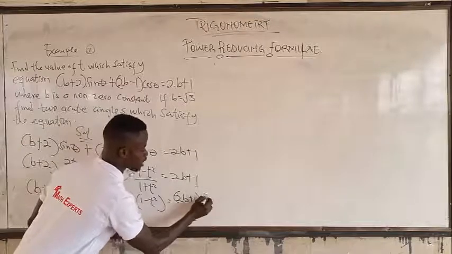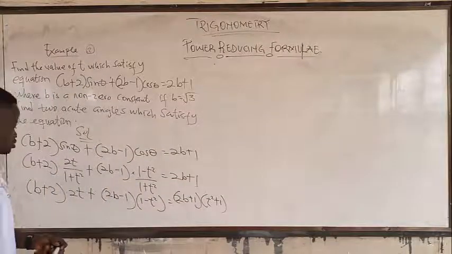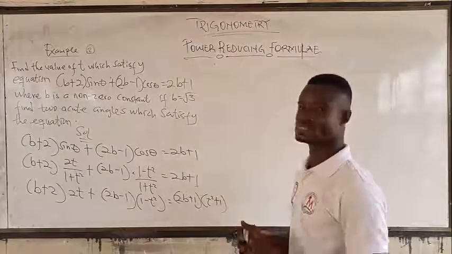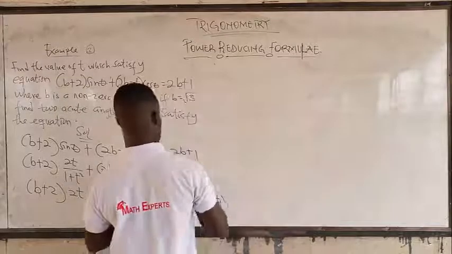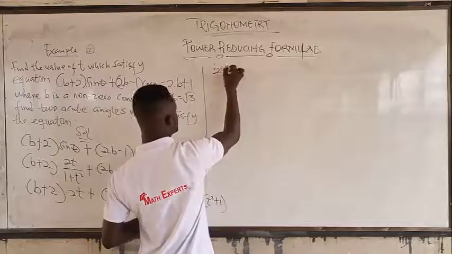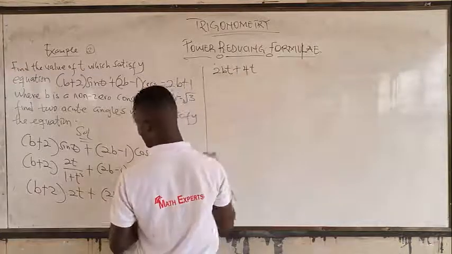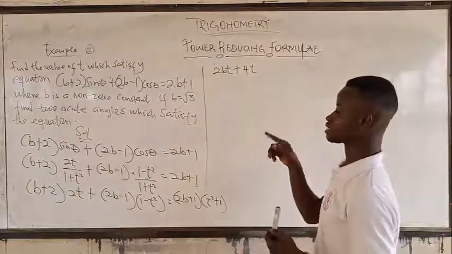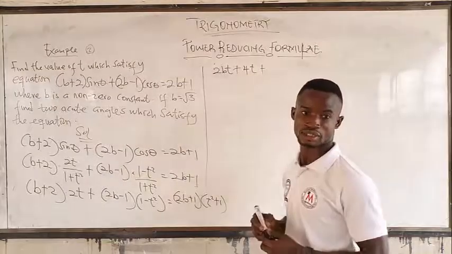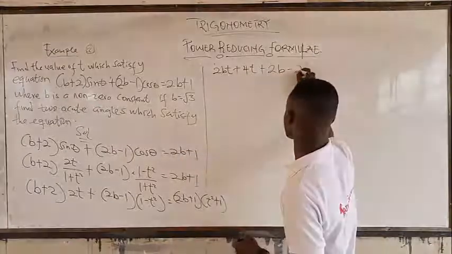2b plus 1 multiplied by t squared plus 1. Having this, we move on to expand and simplify. 2bt plus 4t, then plus 2b minus 2bt squared.